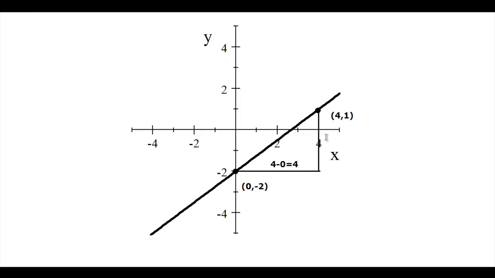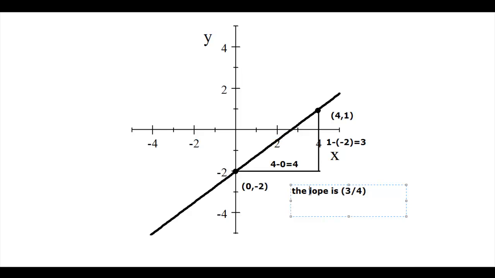Here we have to be careful with the sign, 1 minus negative 2, because negative 2 is the y coordinate of this point, that is 3, so 3 is the rise corresponding to it. And so the slope of this line is 3 over 4.